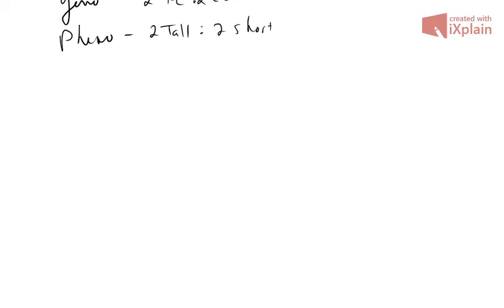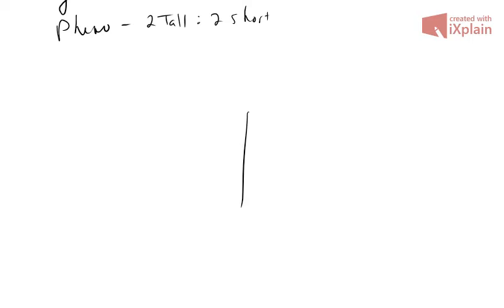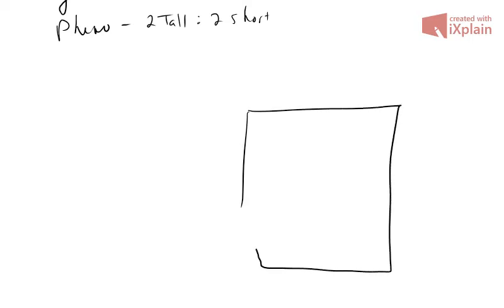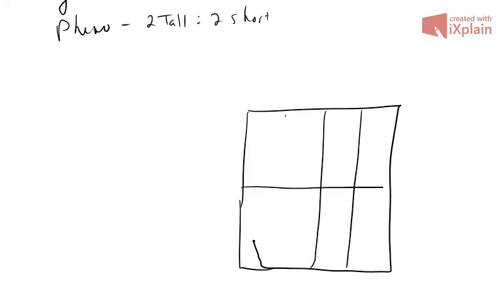Let's look at a dihybrid cross. A dihybrid cross is going to be one where you have 16 boxes.